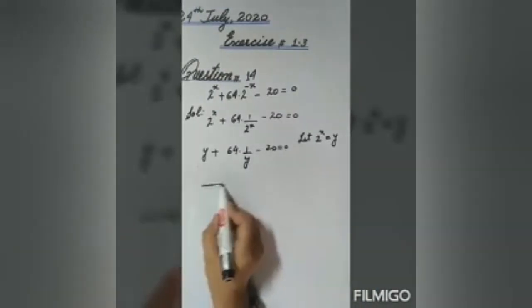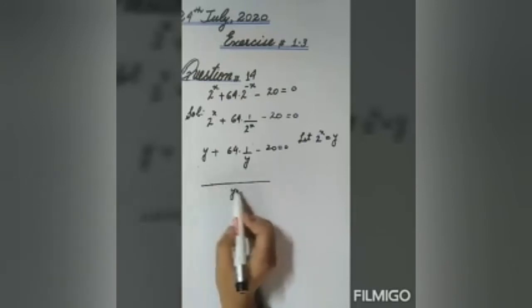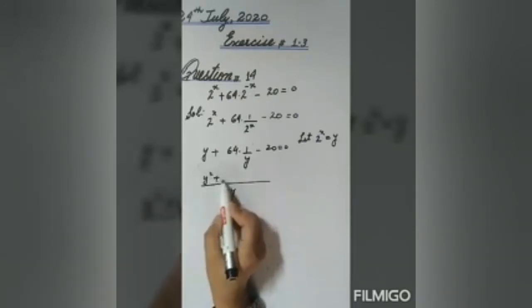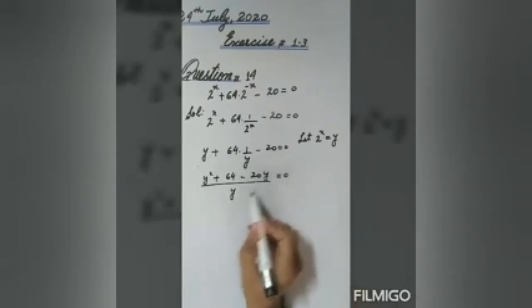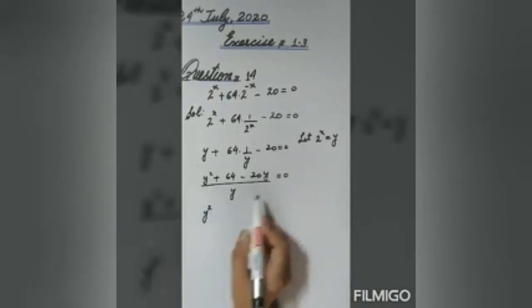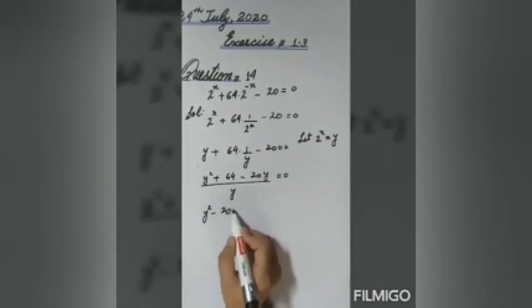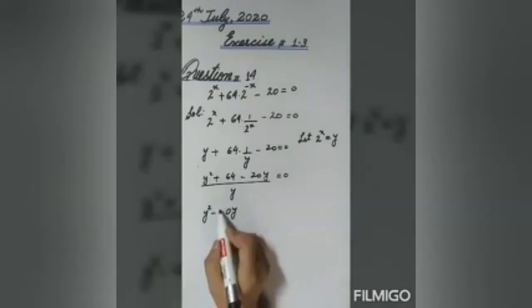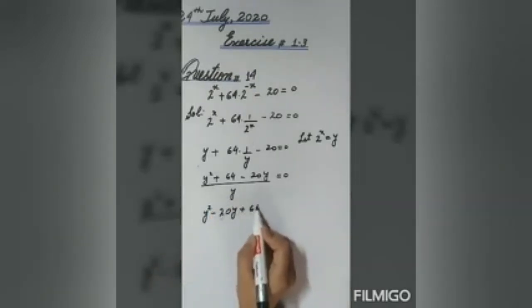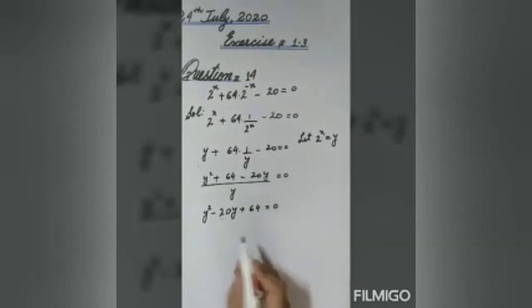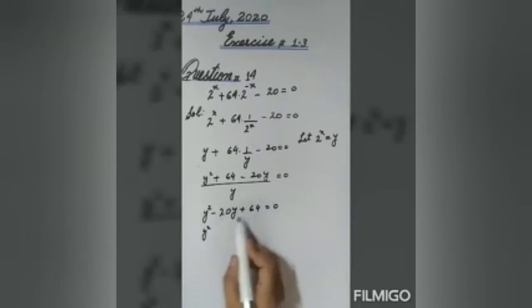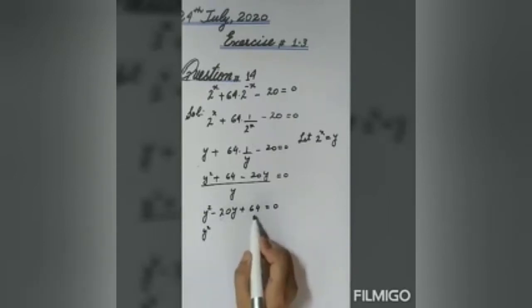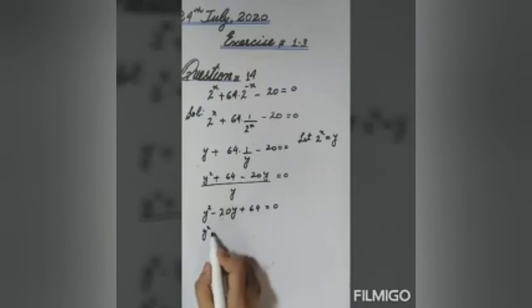Now take the LCM. The LCM will be y. Y into y is y square, plus 64 minus 20y equals 0. Now y multiplied with 0 gives 0. Arrange it: y square minus 20y plus 64 equals 0. Now do middle term breaking. I will multiply 16 with 4: 16 fours are 64, and adding gives minus 20.